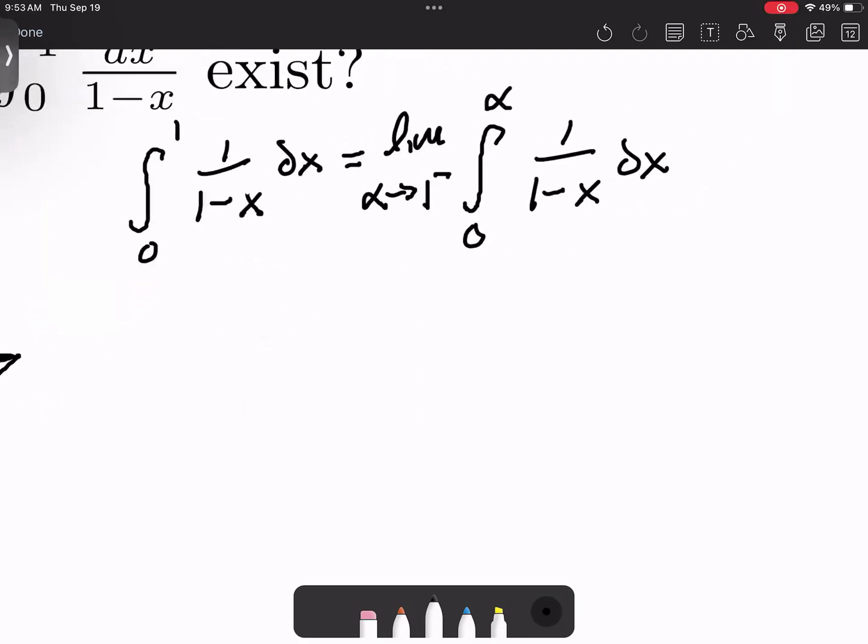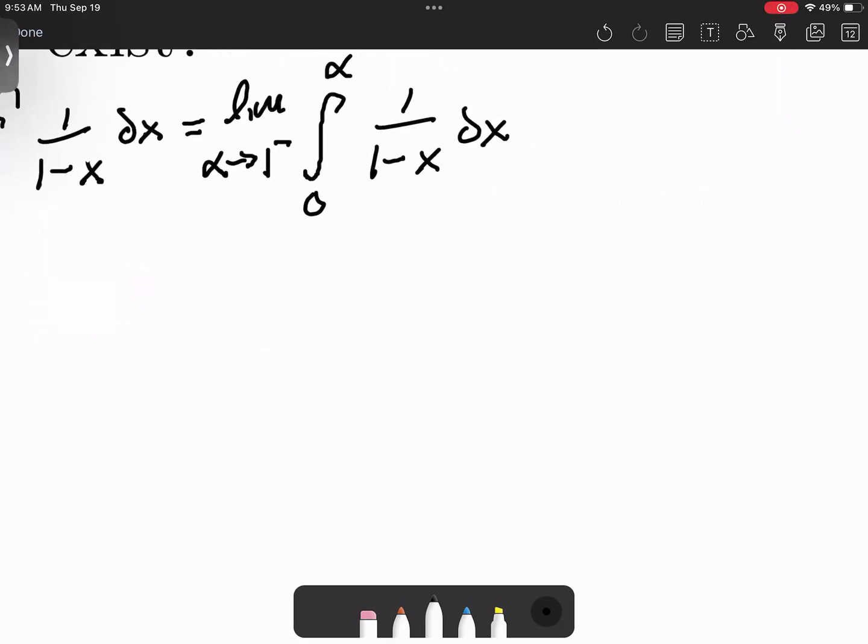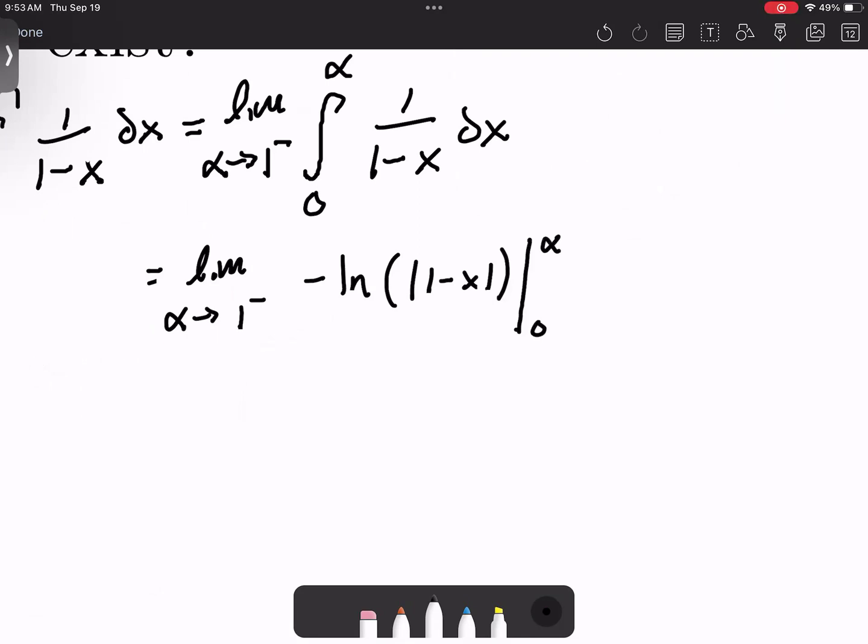Okay, so let's run through this. We have the limit as alpha approaches 1 from the left, and an antiderivative of 1 divided by 1 minus x, by a u substitution, will be minus natural log of absolute value 1 minus x, which we will evaluate between 0 and alpha.